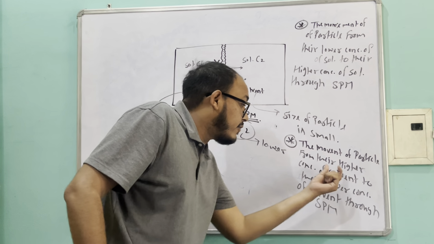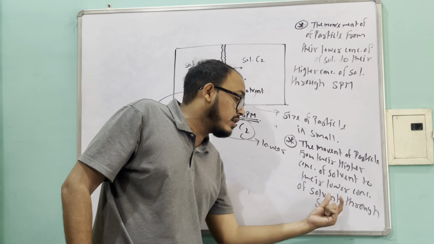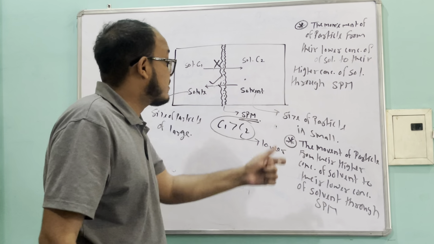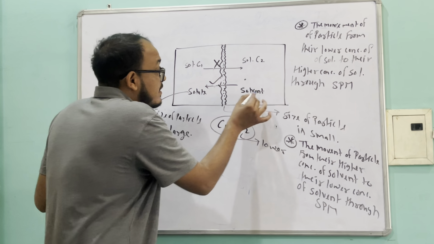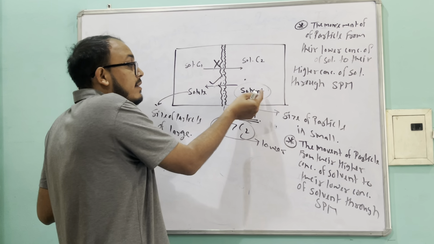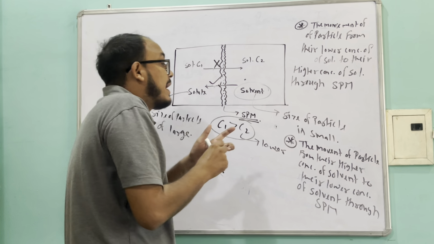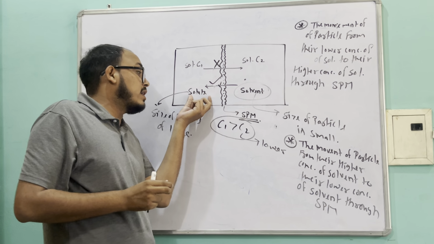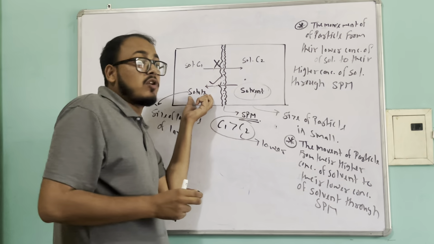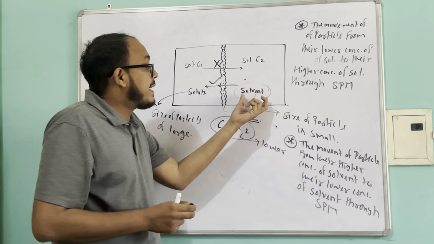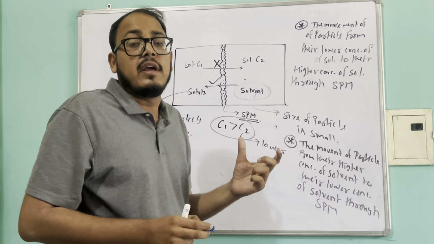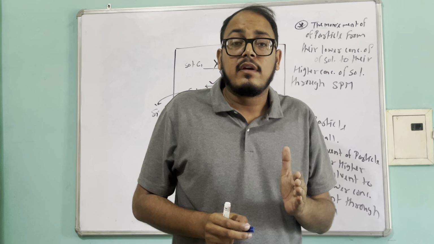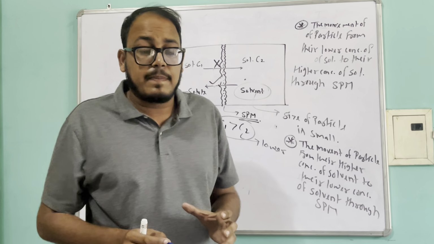Here the concentration of solvent is higher. So the movement of particles from where the concentration of solvent is higher to where the concentration of solvent is lower, through a semi-permeable membrane, that is known as osmosis.